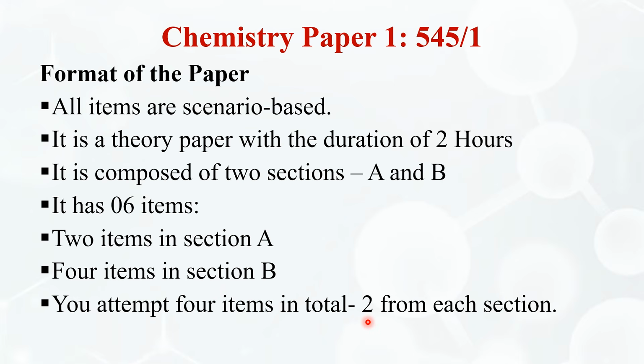So section A has 2 items which are compulsory, and section B has 2 parts, 1 and 2, where each learner selects only 1 item from each part. So in total we have 4 items.